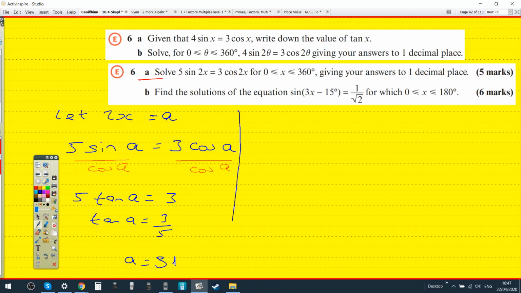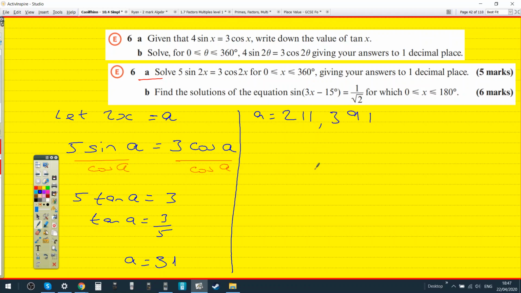Okay. And then so tan, we add 180 to that, which is 211. And then add 180 to that, which is 391.